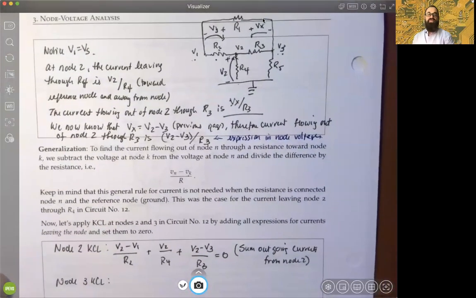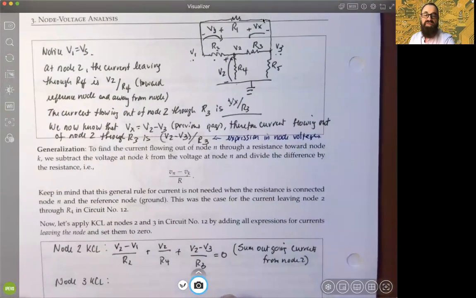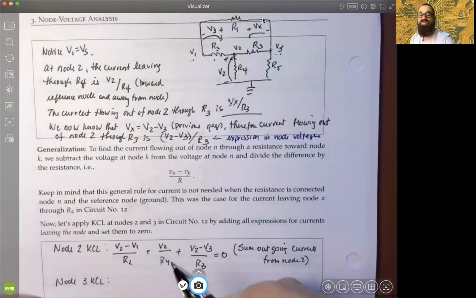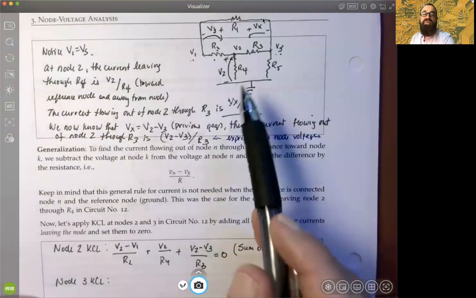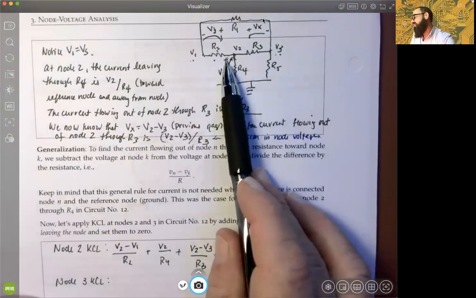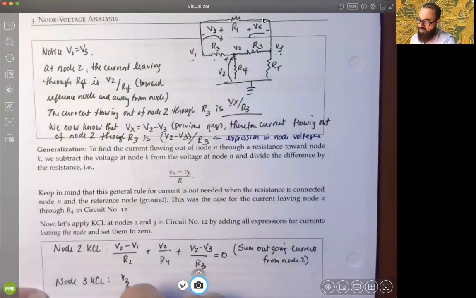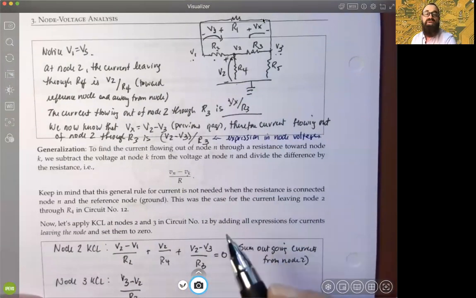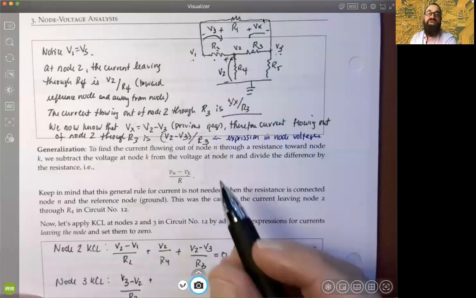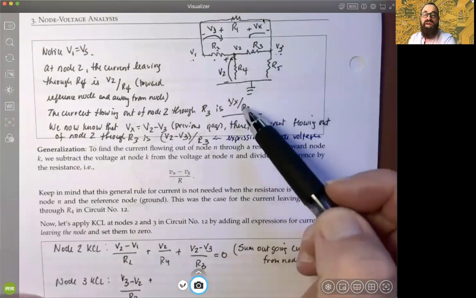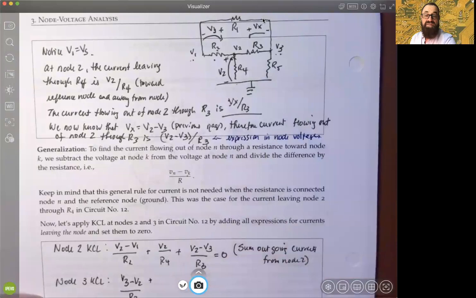Now we have enough information to do the sum of the outgoing currents here. There's no magic here in how you want to do it. We could say, suppose you started at V3 and went to V2, you would pass through R3. So you'll have V3 minus V2 divided by R3 as that outgoing current. You also have an outgoing current from that node to the ground. That'd be V3 minus 0, or just V3 divided by that resistance.